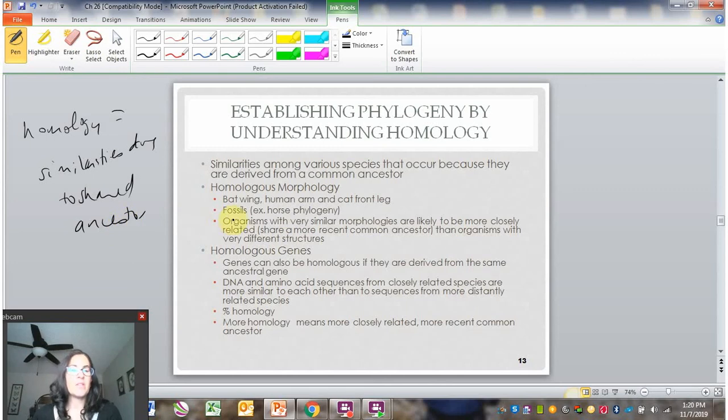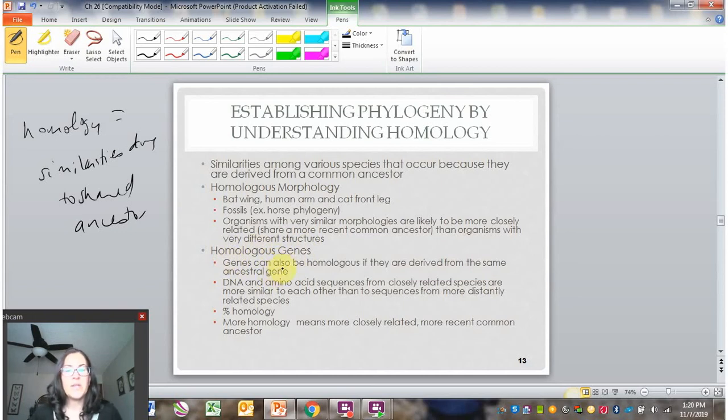We can have homologous morphology among non-living organisms. So fossils, for example, let us see homologous morphology in the horse lineage. So that's a well-documented fossil record where we can see a lot of that. And then homologous genes are, again, same idea.